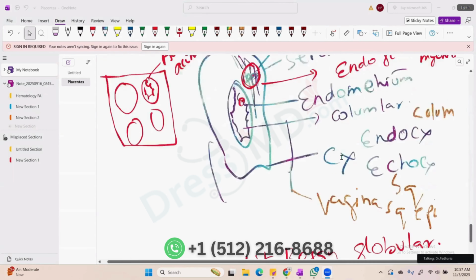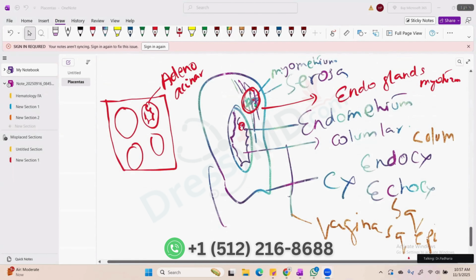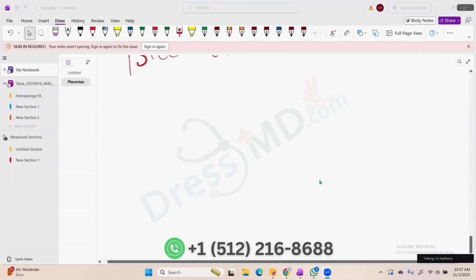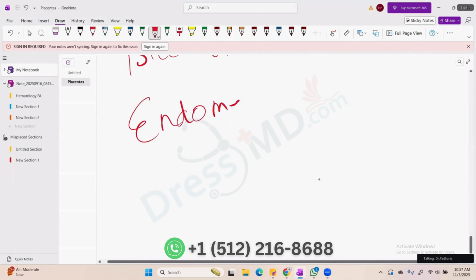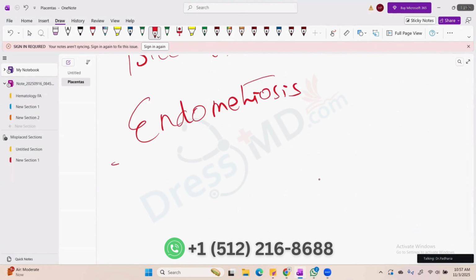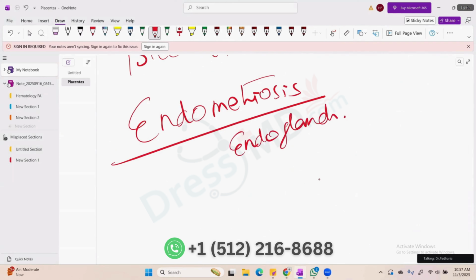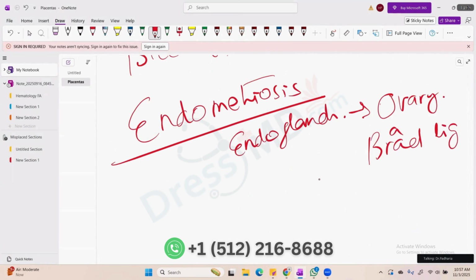Endometrial glands in the myometrium is called adenomyosis. What is endometriosis? When the endometrial glands leave the endometrial cavity and stay elsewhere, like in the ovary or the broad ligament, we call it endometriosis.